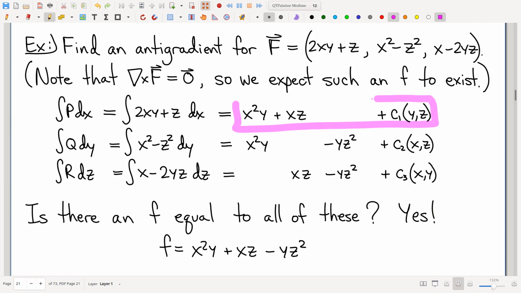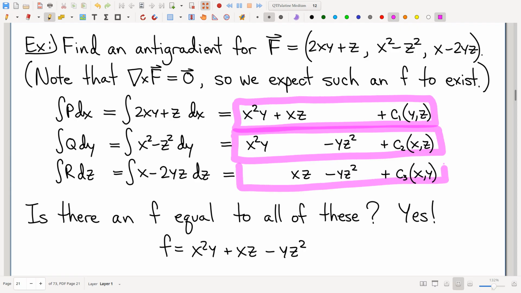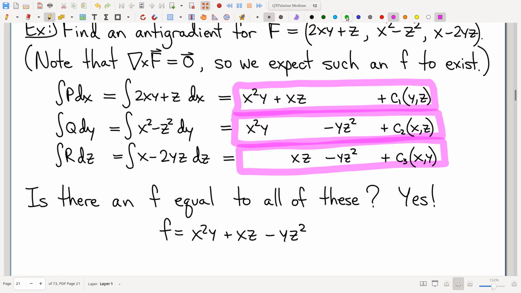I need to be able to make all three of these things equal to each other. I need to find a function that's equal to all three of those things by making appropriate and clever choices of these partial constant functions. Now, I'll show you how I do this. I think the following is a reasonable strategy. I notice two of these expressions have an x squared y in them, and if all three of these things have to be equal to each other, I kind of feel like we're supposed to have an x squared y here.